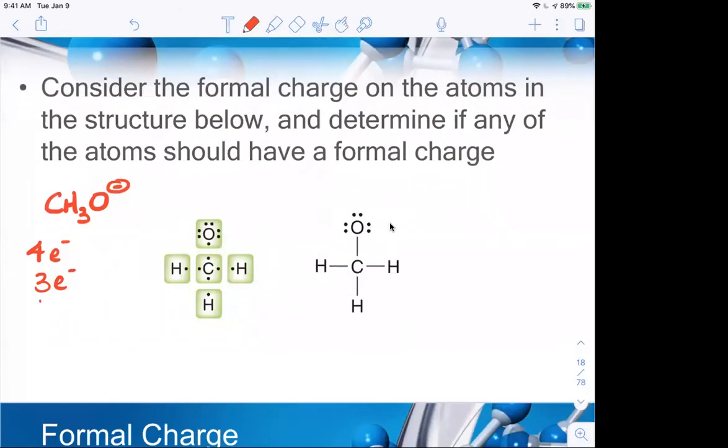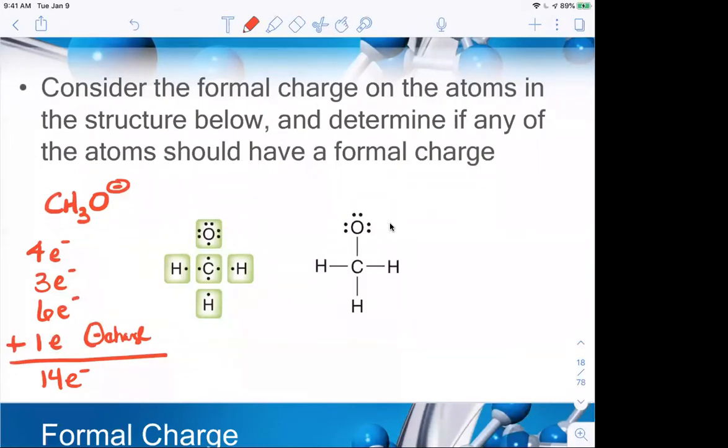I have 6 electrons from oxygen. And I have 1 electron because I have a negative charge. So that gives me a total of 4, 7, 13, 14 electrons. So I have to account for 14 electrons.